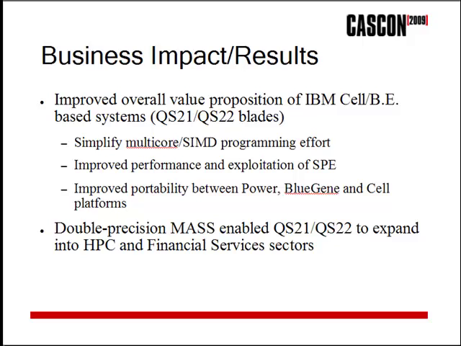By enabling the MASS library on Cell platforms, it also improved portability between the Power, BlueGene, and Cell platforms. And the double precision MASS library enabled the QS22 machines to compete in the HPC and financial services sectors. So it's opening up new markets for these hardware platforms.